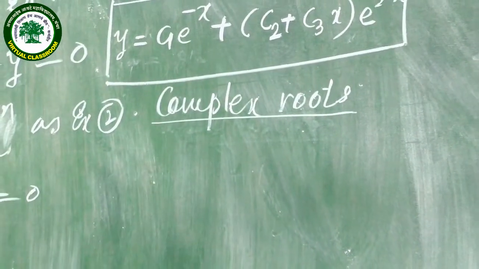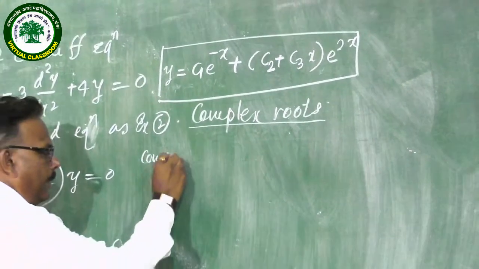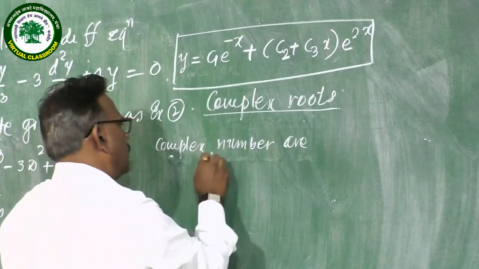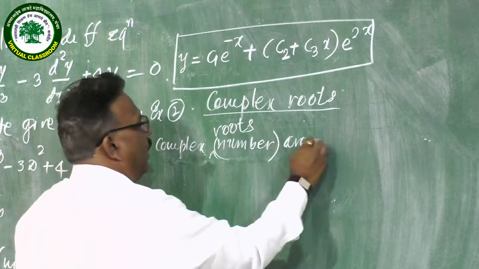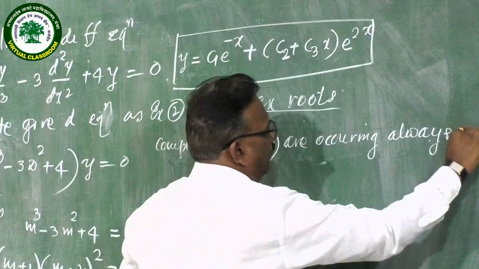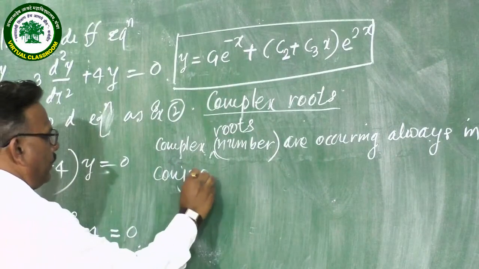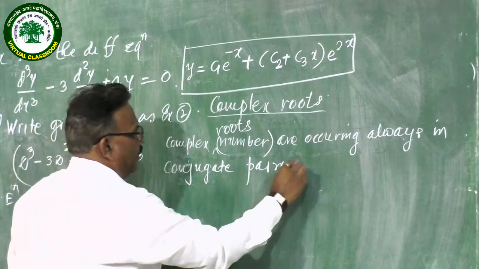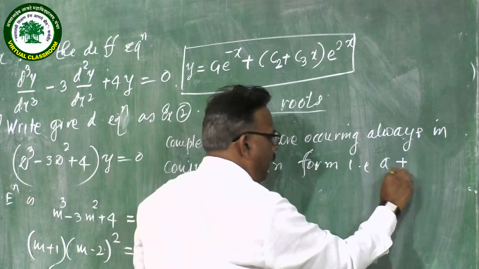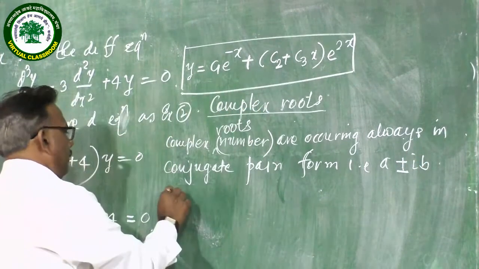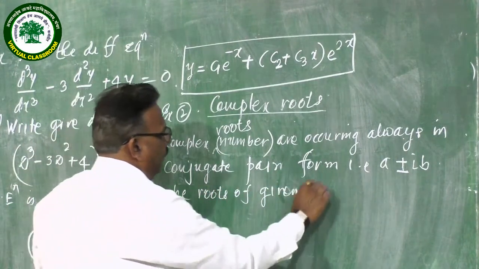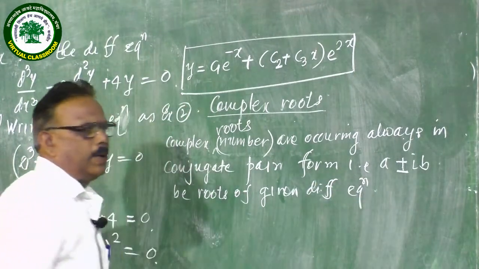See here, you should always remember that complex roots always occur in conjugate pair form, that is a plus minus i b, as roots of the given differential equation. You should always remember that.